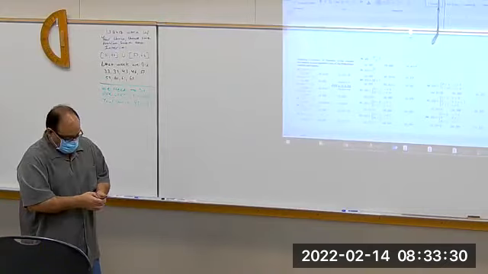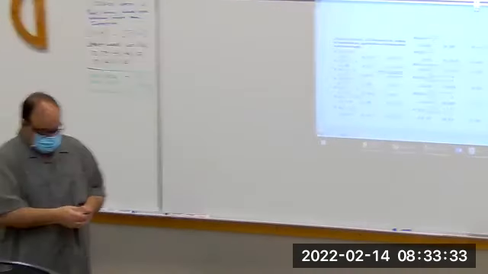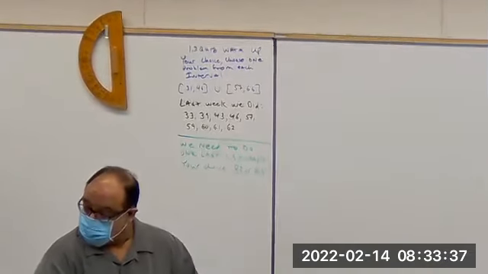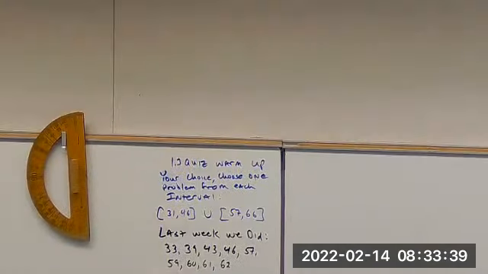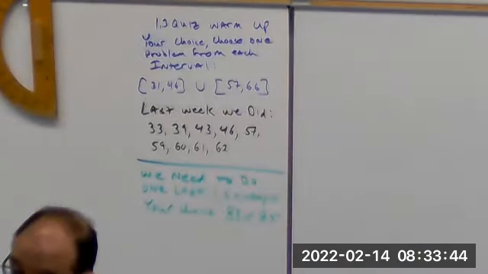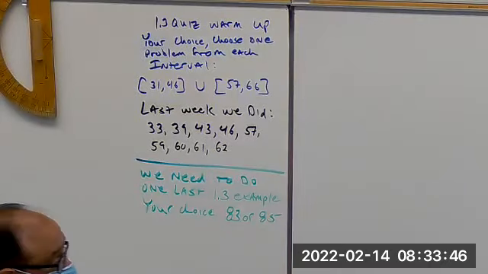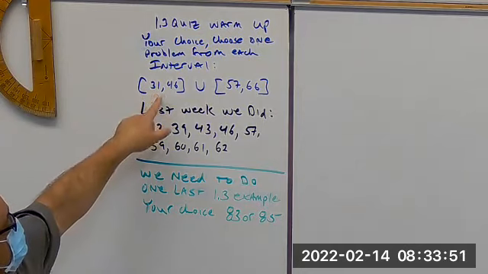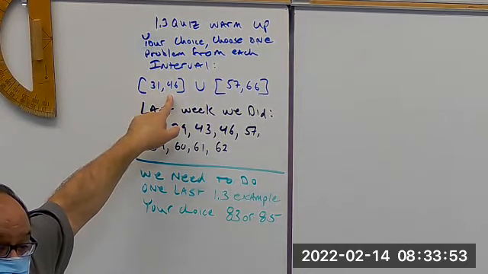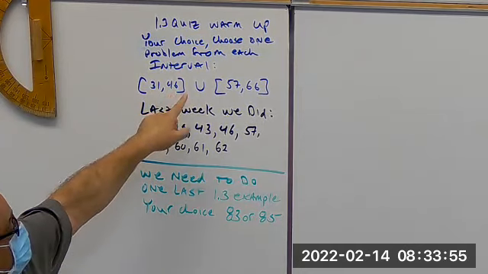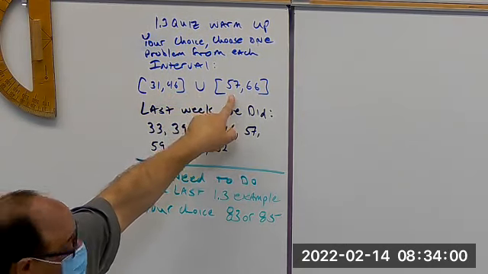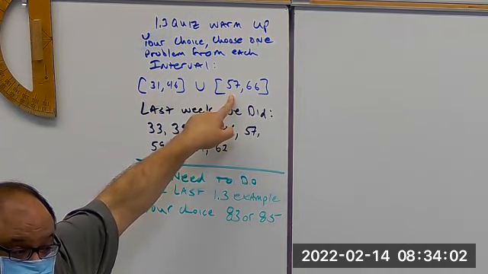So we're doing a warm up for the quiz. That's afternoon at 10 o'clock today. Take a look over here. You're going to pick one problem from the closed interval from question 31 to 46, and then one question from the closed interval 57 to 66.